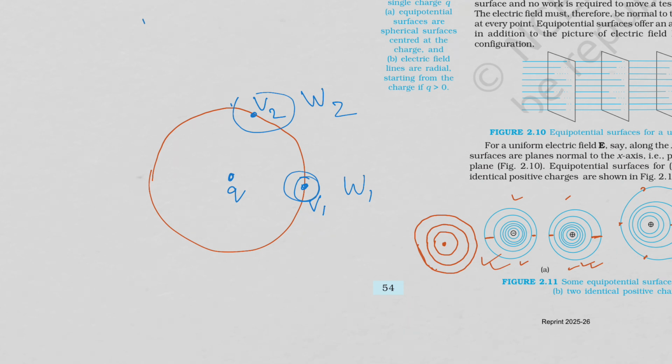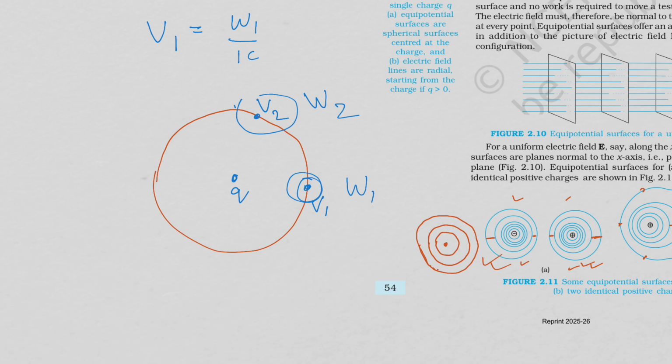We know that potential V1 is the work done divided by the unit charge, that is 1 coulomb, or the test charge we brought from infinity to this point. And the same goes for V2, that is W2 by unit charge.